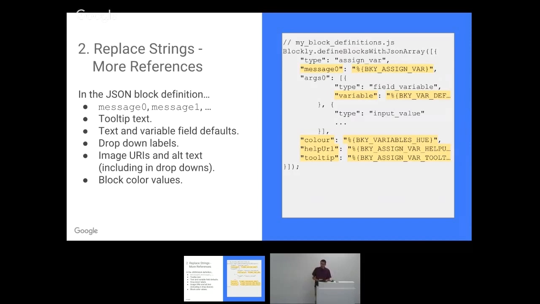Oftentimes, help URLs need to be localized. So you'll see in the standard block definitions, we actually point to different versions of Wikipedia to describe things like loops. Images can be localized. Sometimes images include text. Sometimes they're dependent upon whether it is a left to right or right to left language.